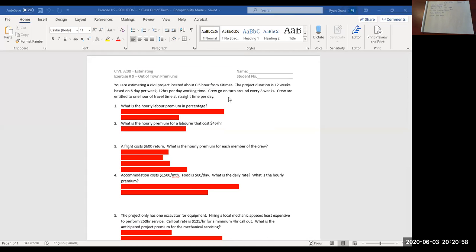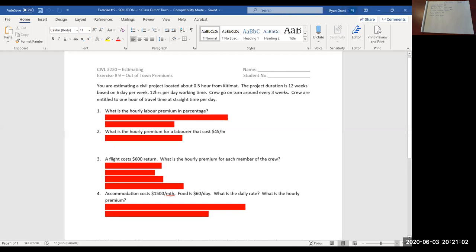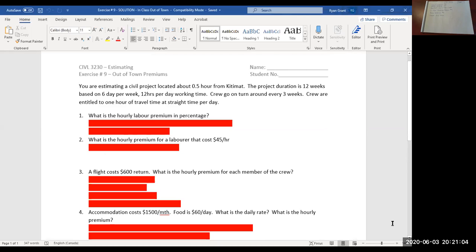So if we read it here, zoom in a little closer. You are estimating a civil project located about half an hour from Kitimat. The project duration is 12 weeks, based on 6 days per week, 12 hours per day work time.